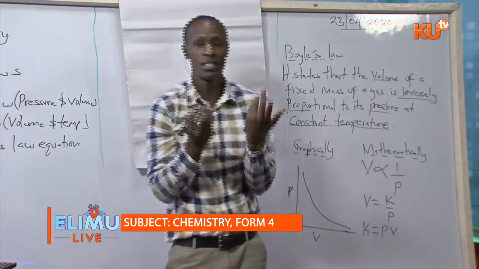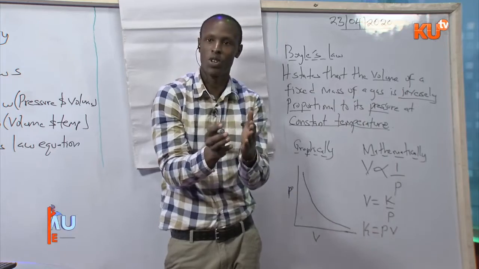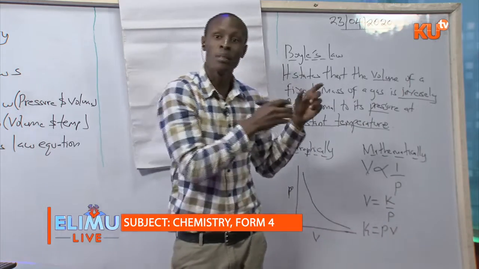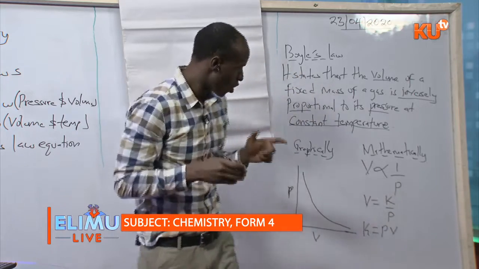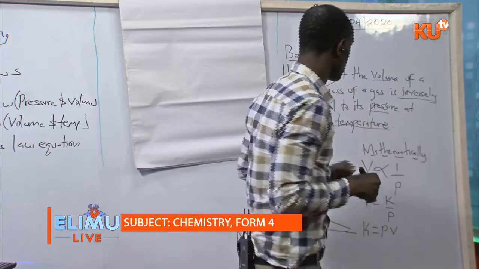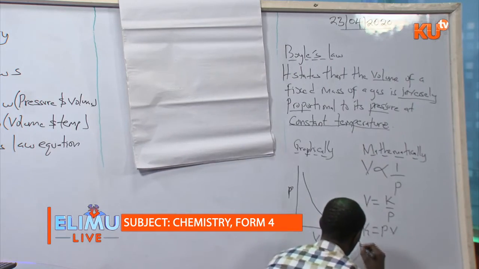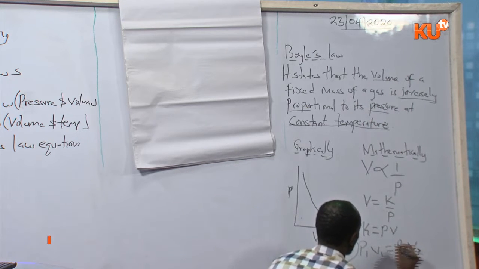What does it mean? It means if I have a certain pressure of a gas and a certain volume of a gas, anytime I change one of the conditions, the product of the two will still remain a constant. So K equals PV is what we refer to as Boyle's equation, which gives us P1 V1 equals P2 V2.